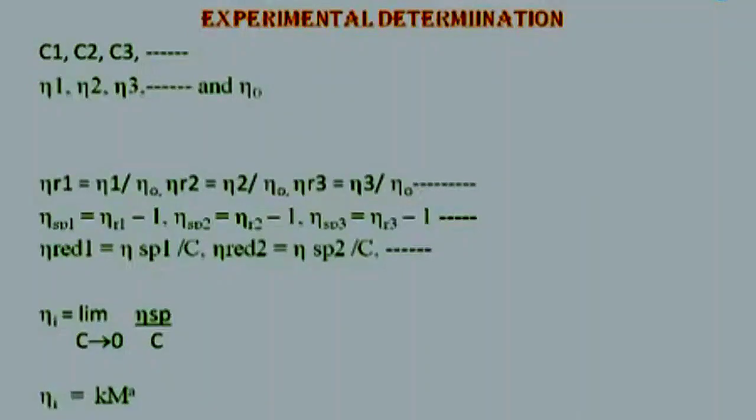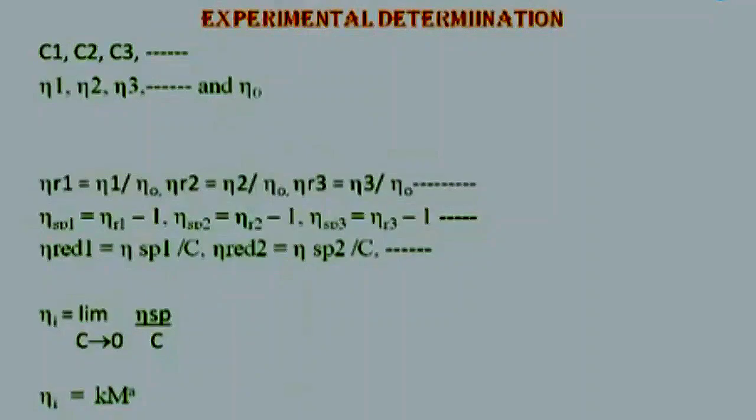First of all, prepare solutions of different concentrations, say C1, C2, C3, etc. Then calculate viscosity for these concentrations, say eta 1, eta 2, eta 3 and so on, and also for the solvent. Then take the ratio of viscosity of solution to the viscosity of solvent.